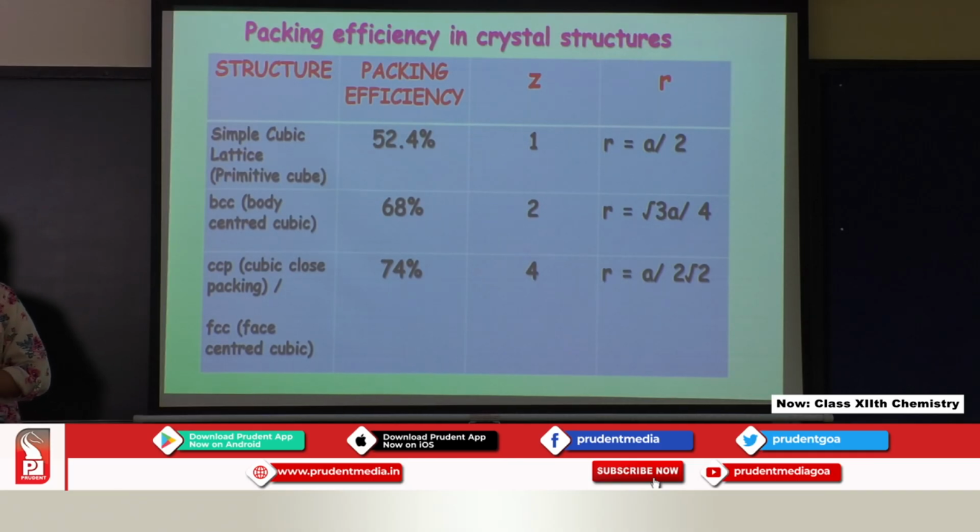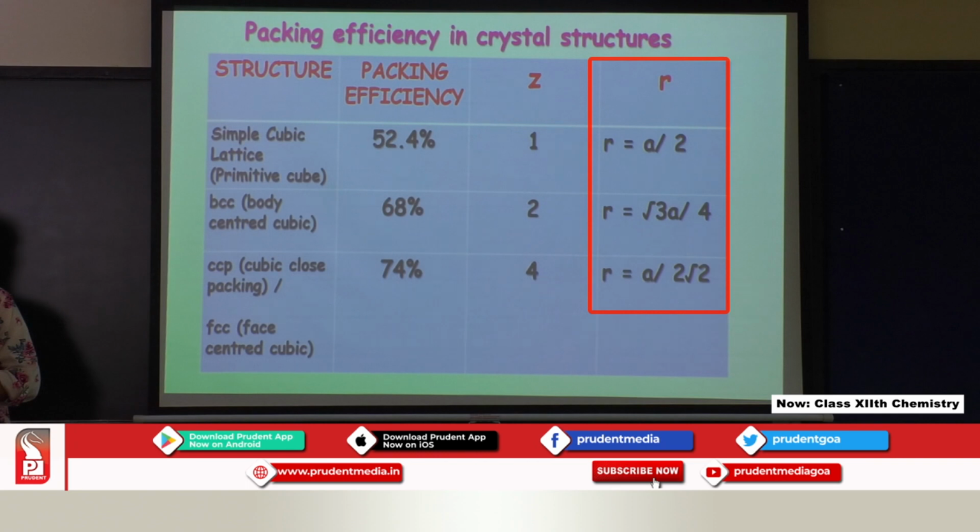The value of Z for all the three are given, that is, the Z values are 1 for a simple cube, it is 2 for a BCC lattice, and for CCP or FCC lattice it is 4. We can also calculate the value of R, that is the radius of the atom, by using the formulae as listed in the last column.